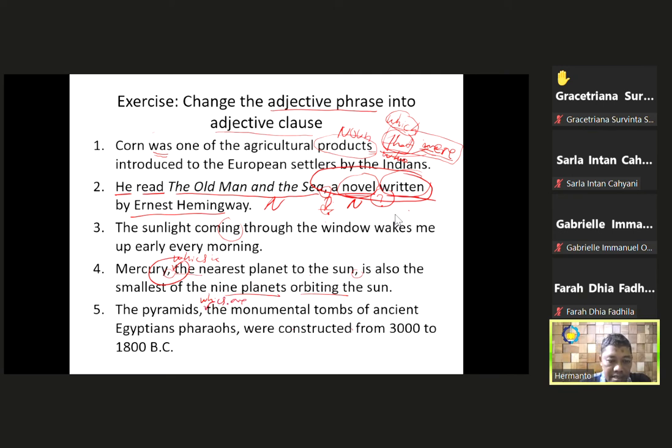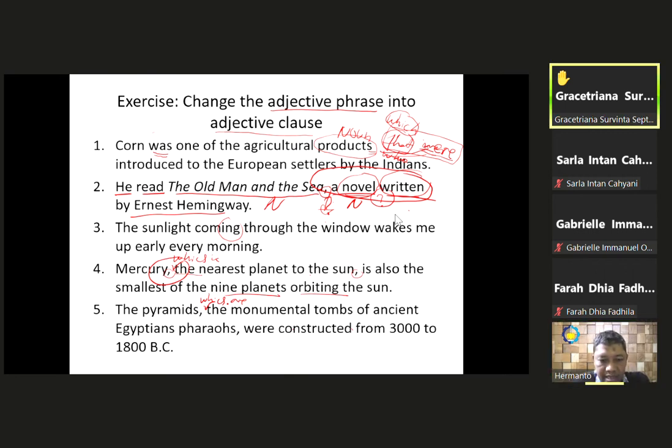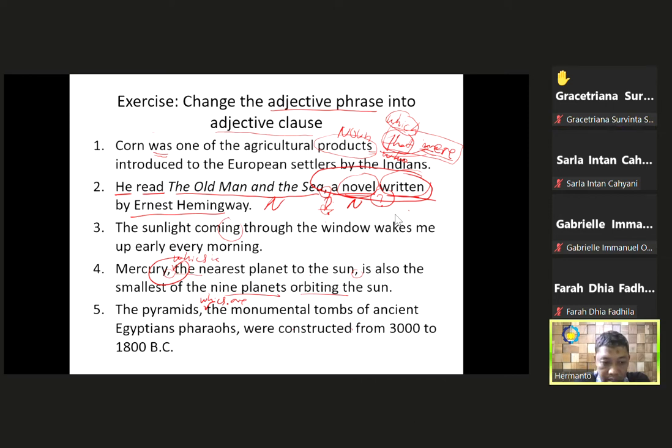Is it correct? Yes, sir. Yes, that's correct. And this is the only place you can make it into adjective clause. Excellent, everyone. Okay. That is the exercise for changing adjective clause to adjective phrase.